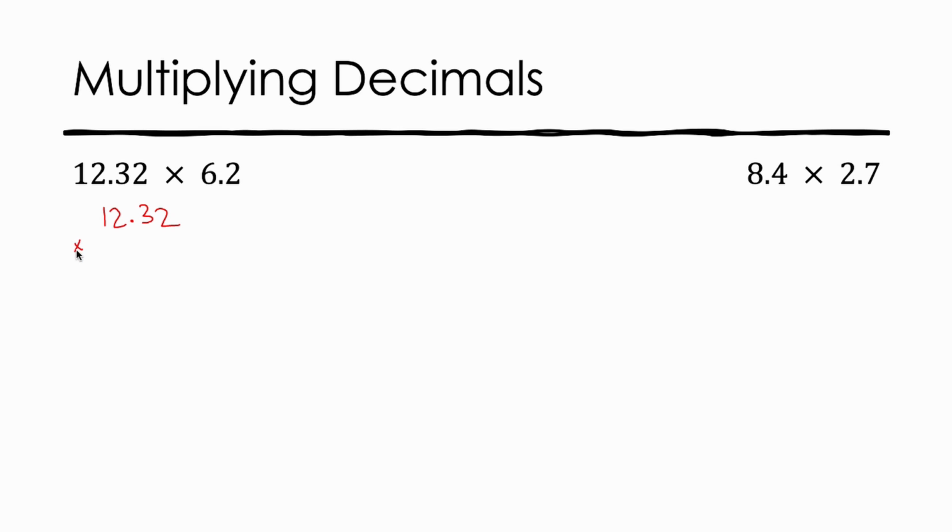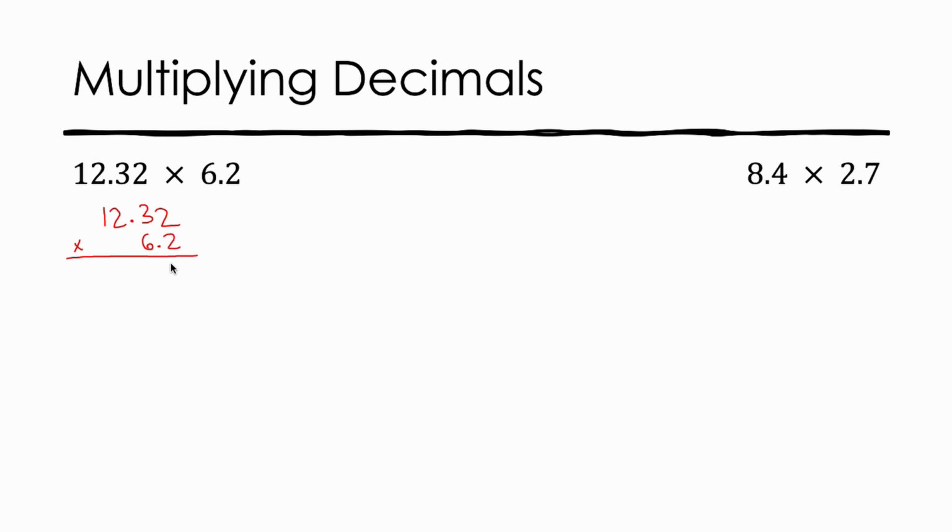And I'm just going to put this as 6.2, just normal digits. And we're just going to multiply normally, like they were never decimals in the first place.